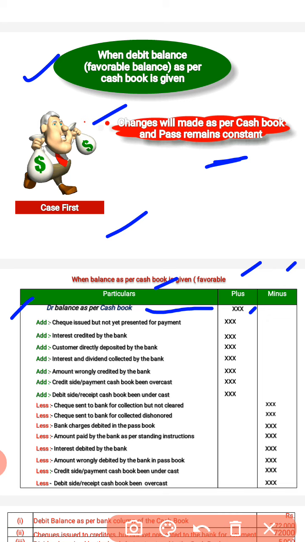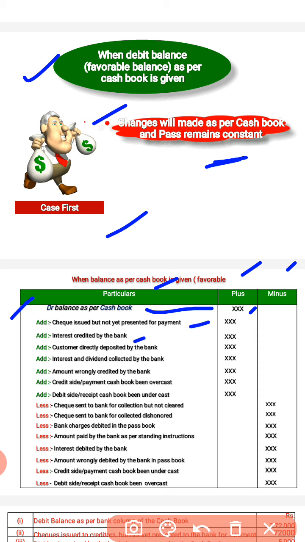See, check issued but not yet presented for payment means we have issued a check to our supplier for payment but that check has not been presented, so we have to add that check.